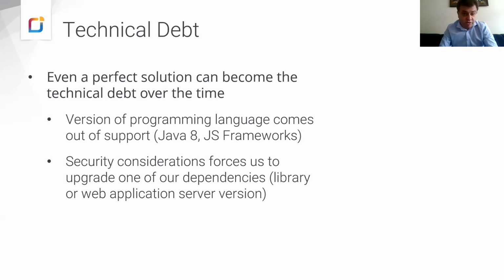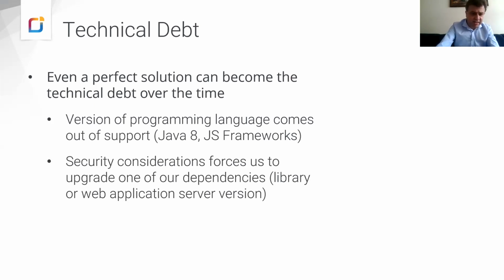Security considerations may force you to upgrade your dependencies as well, for example, a web application server version and so on. Say TLS 1.0 is the standard. If you're using something that only supports TLS 1.1, you have to upgrade, and sometime later you will see that TLS 1.3 will become the standard.